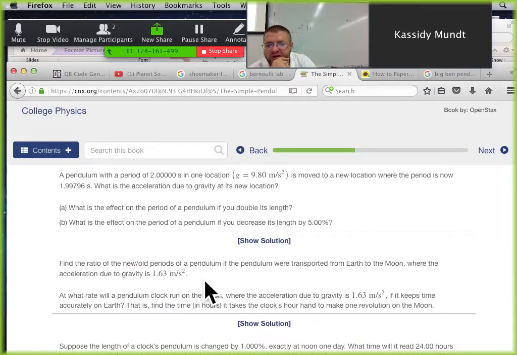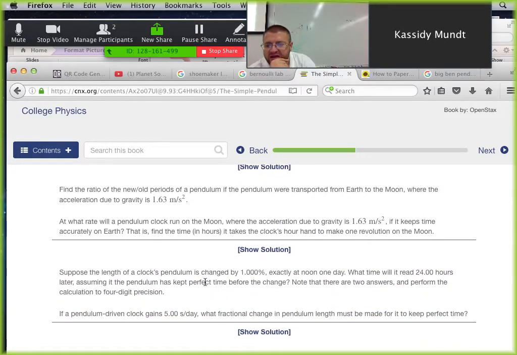Let's do the one where you change the length of a clock's pendulum by 1% exactly at noon. This is for homework. We are on 16.4.